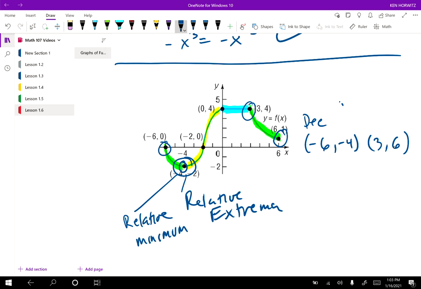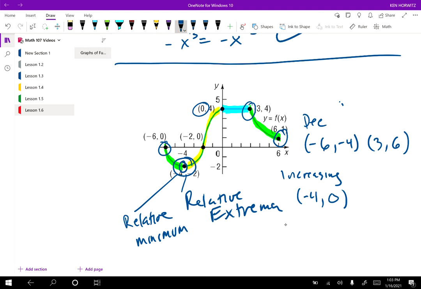Okay? So let's talk about increasing now, all right? There's only one interval where it is increasing, and it starts at -4, and it ends at 0. All right, and again, the ends are not used, okay? So that's why we use parentheses.